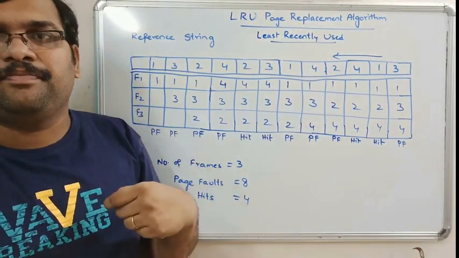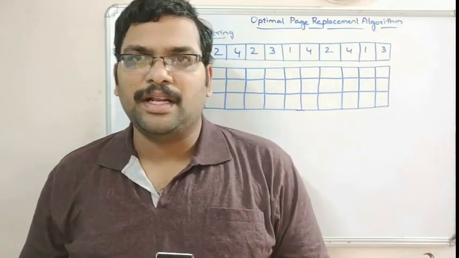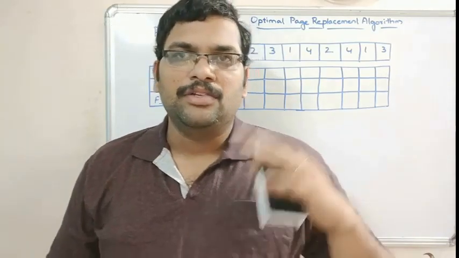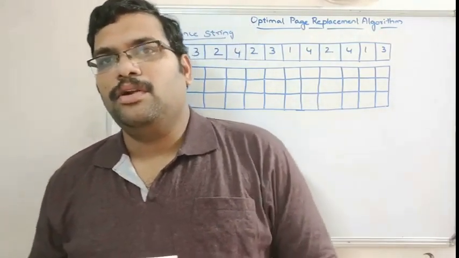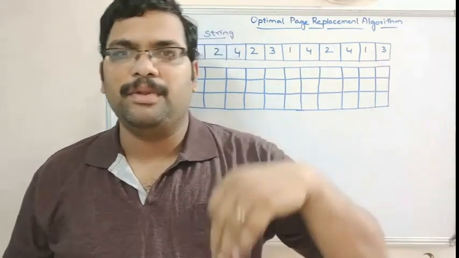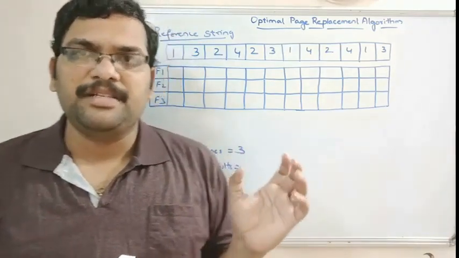required page. In the previous session we have seen the LRU page replacement algorithm, that is the least recently used page replacement algorithm. So in that, in order to load the required page from the secondary memory to the main memory, we have to find free space in the memory.